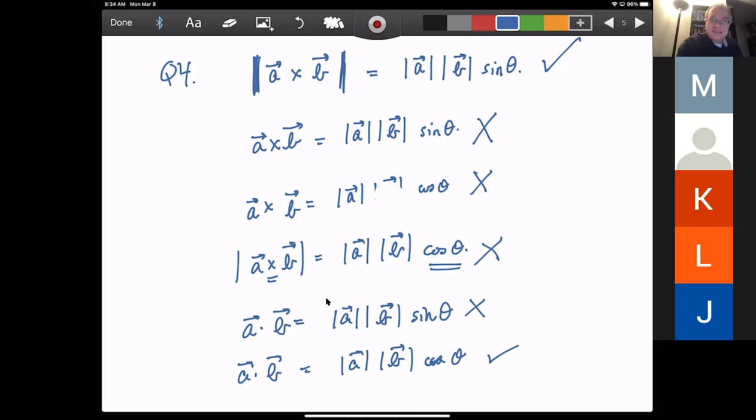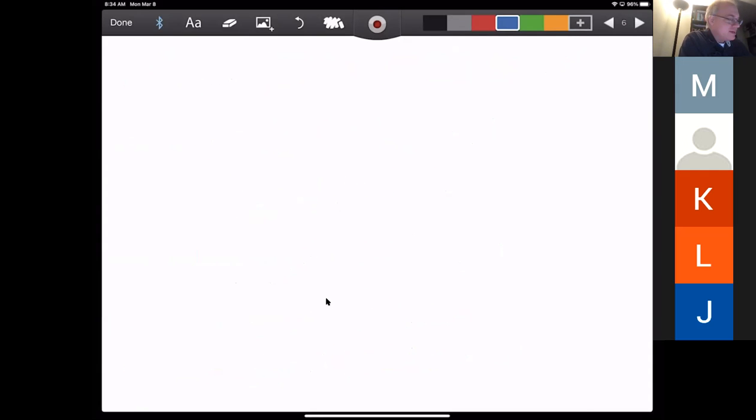All right, any questions on that problem? Everyone good? All right, so last one from the quiz. We want to choose the appropriate relationship between the non-zero vectors A and B based on the result of the operations given.